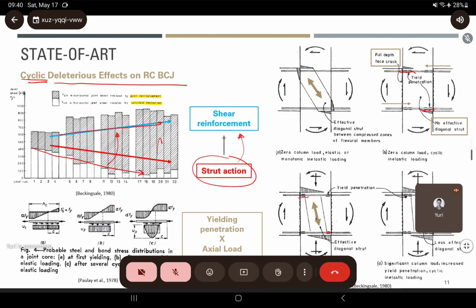And this strut, this is the most important thing, we are not sure how much force this strut can uphold given the uncertainty of the cyclic loading. For example, we have here a strut that has no actual load. And when the beam reinforcement starts to yield, whenever you have the formation of the plastic hinges, then you have cracking on the boundary of the joint.